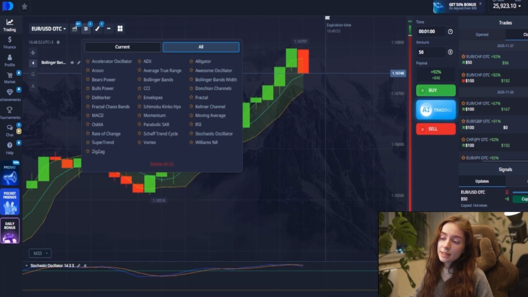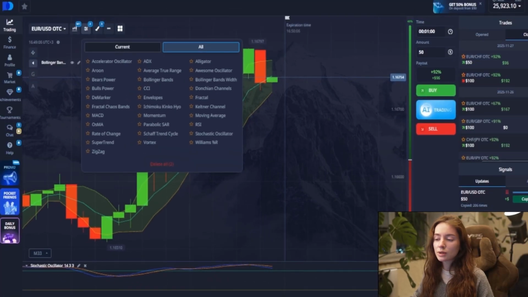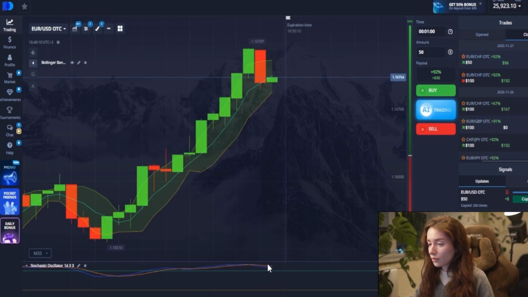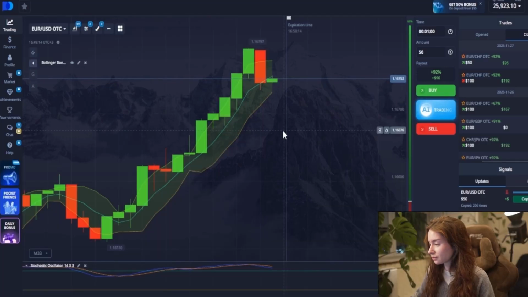This is an oscillator that shows overbought and oversold conditions. Again, a level below 20 indicates oversold conditions. Above 80 indicates overbought conditions. As you can see, it's approaching 80 and moving above it. This perfectly confirms these signals.